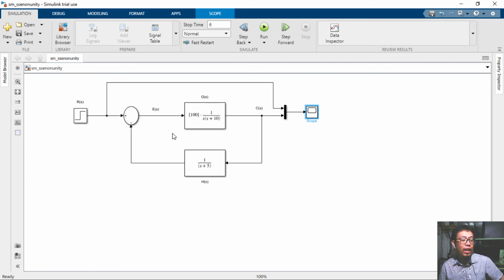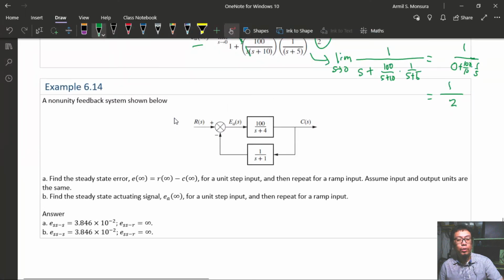So, under that, you would be assuming na pareho nga sila. Okay, pero we need to find a way para makapag-simulate tayo at makapag-measure tayo ng actuating signal through simulation. Okay? So, ayun.